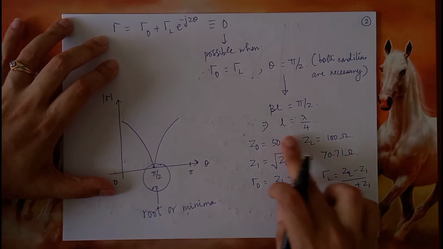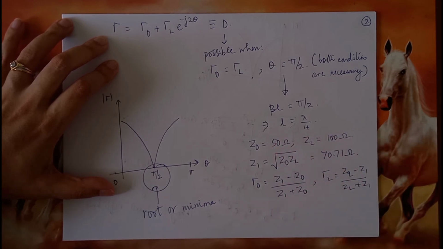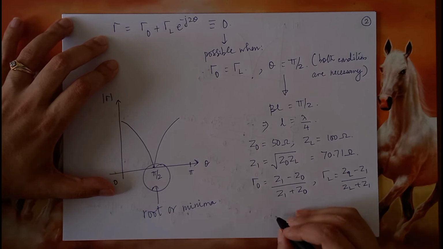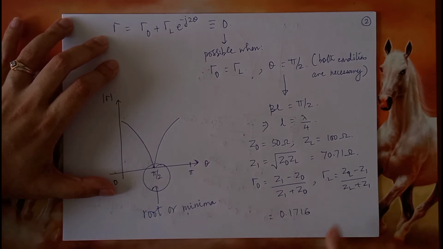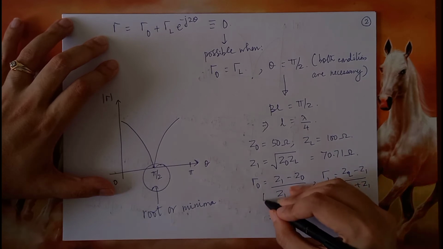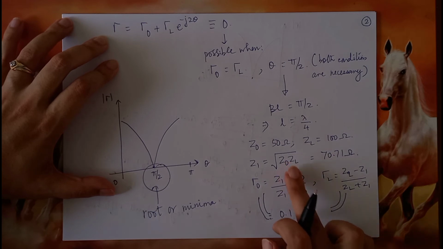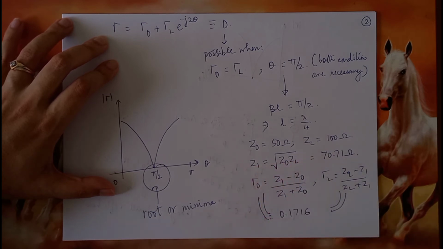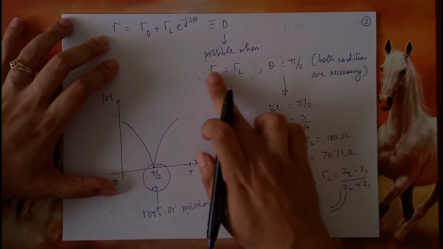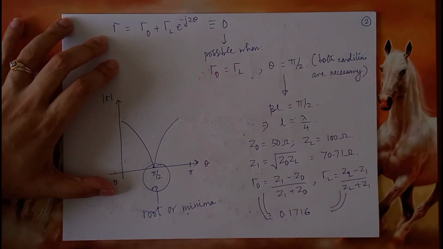If you substitute all of these three values in these two equations, guess what you will get? For gamma 0, you will get 0.1716. You can very quickly calculate and find out. And gamma L will also be equal to this value. So what we are seeing, interestingly, is that having Z1 as the geometric mean of the two by itself ensures that gamma 0 is equal to gamma L.